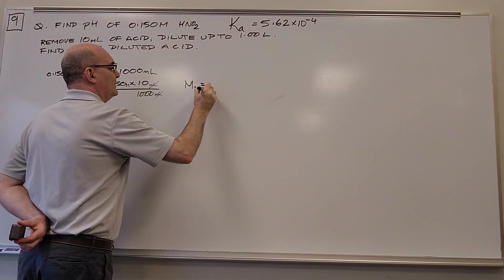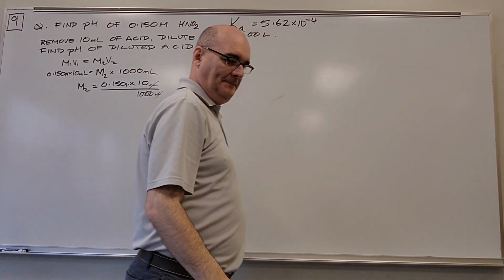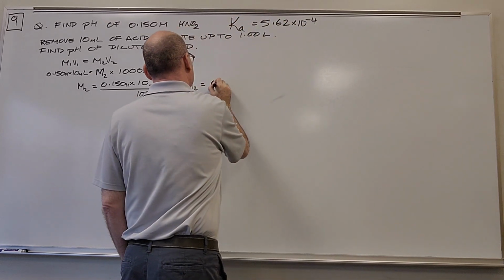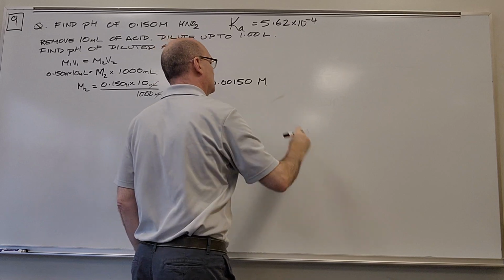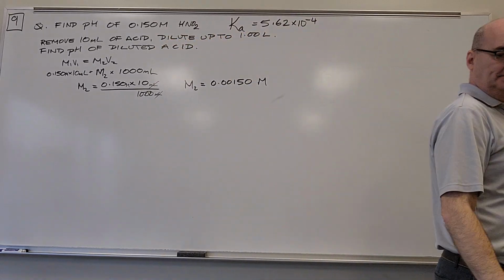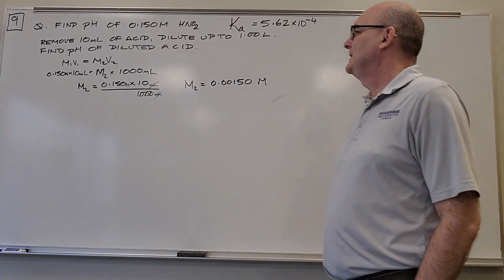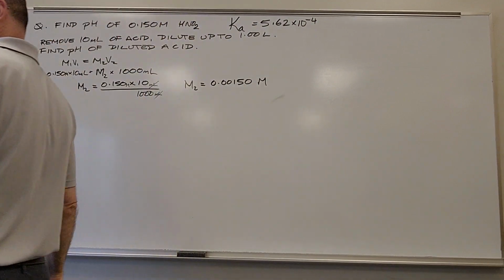But my new dilute solution is what? 0.0015. Okay. Find its pH now.